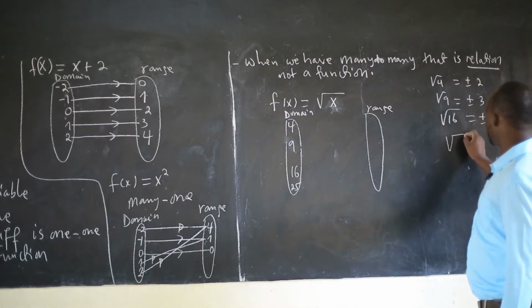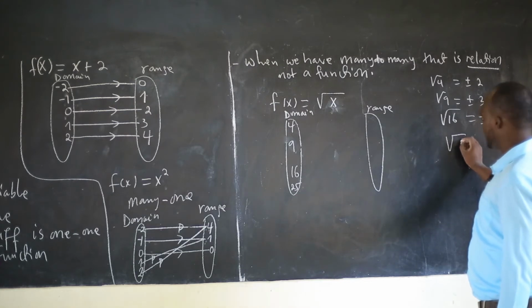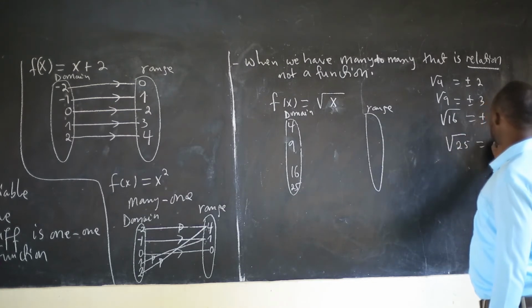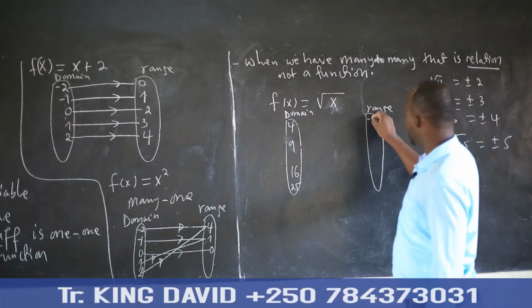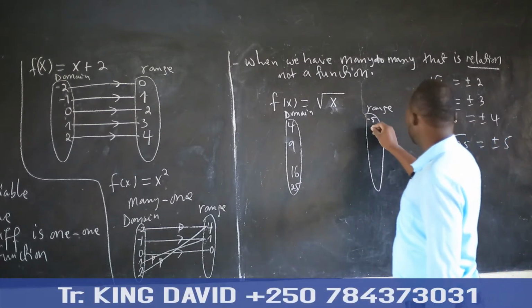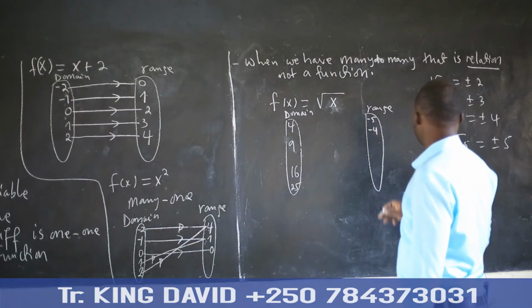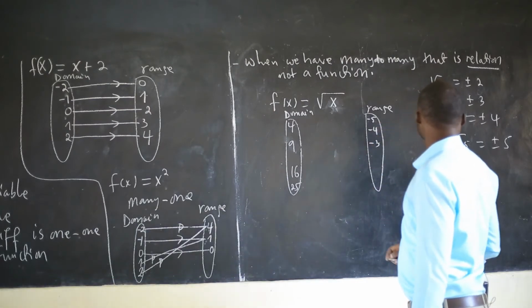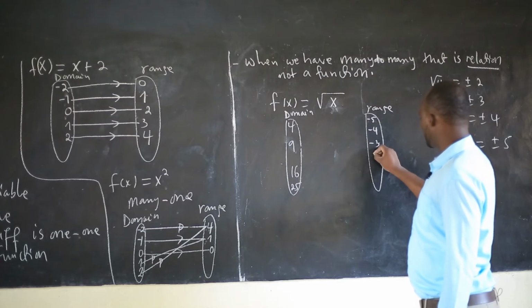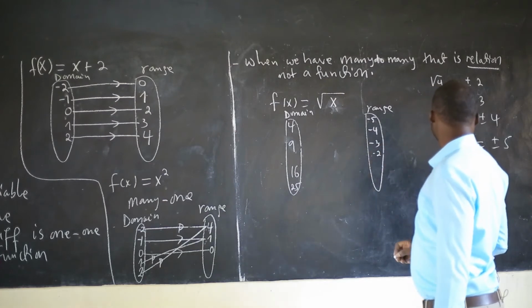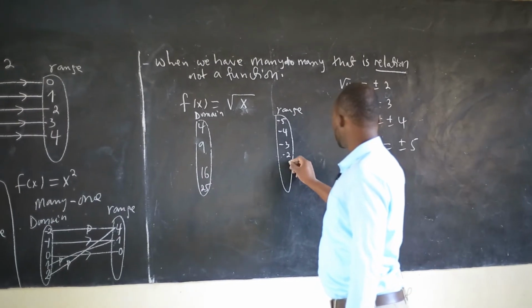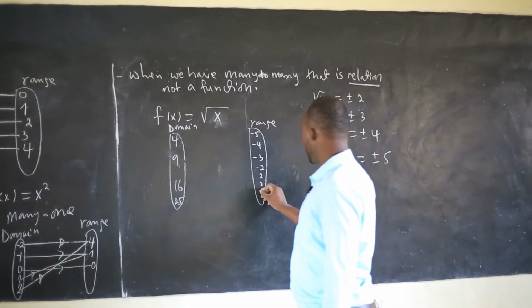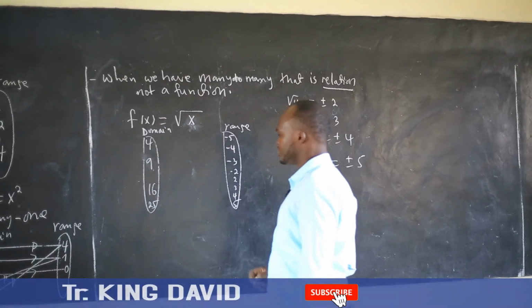Square root of 25 is plus or minus 5. So that means we have -5, -4, -3, -2, and 2, 3, 4, and 5.